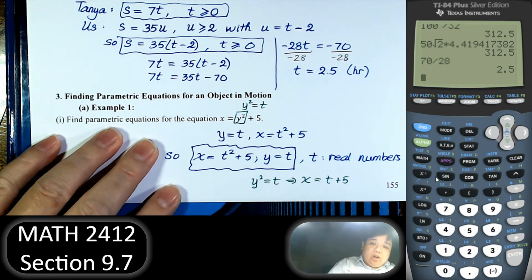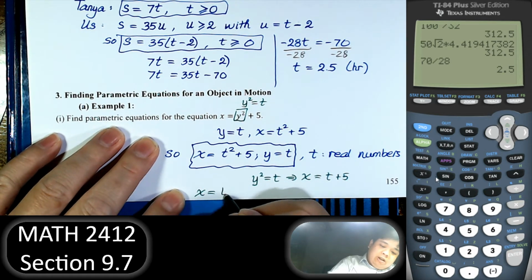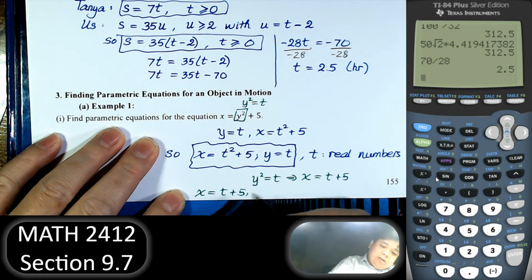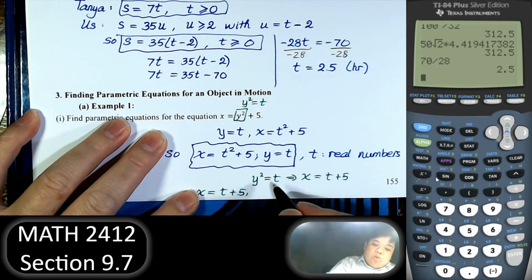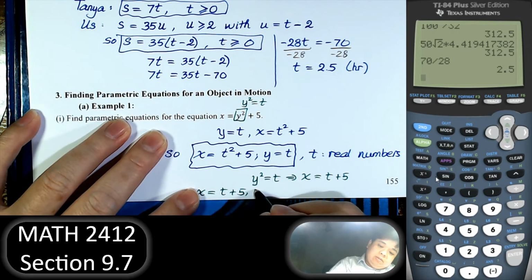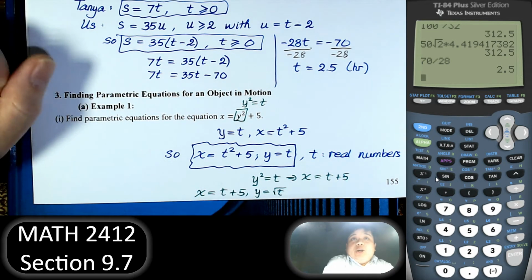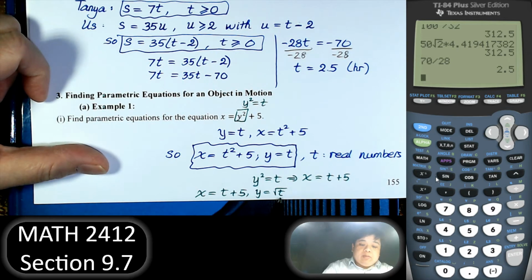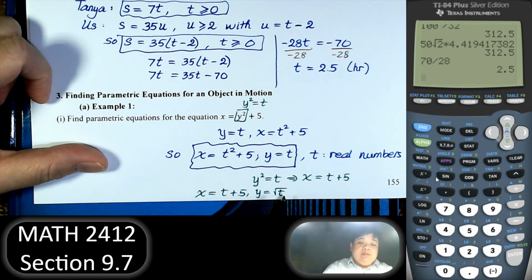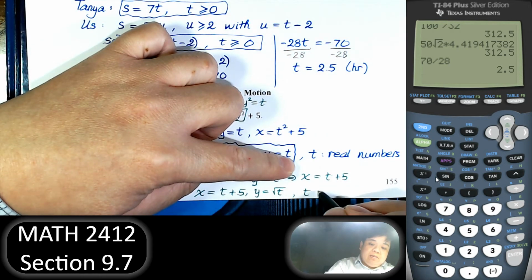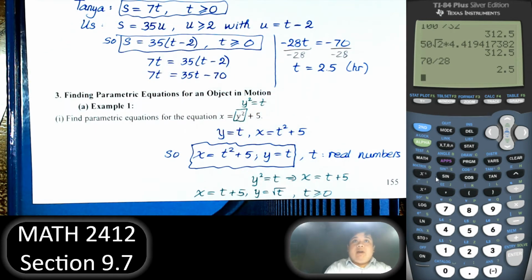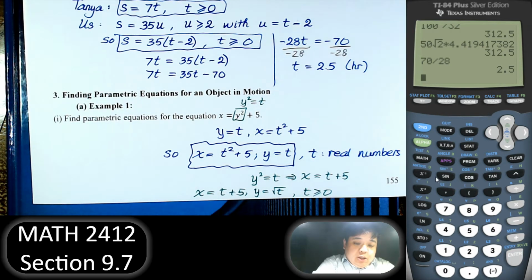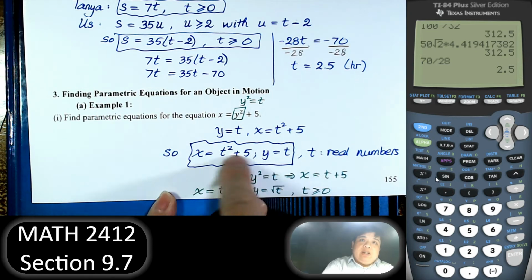So we could write the equation as x equal to t plus 5, and take the square root on both sides. y equal to square root of t. The only problem is when we write it like this, t cannot be negative. If t is negative, it is undefined. Right. So be careful with that. So that's why it is better to write just in this form.